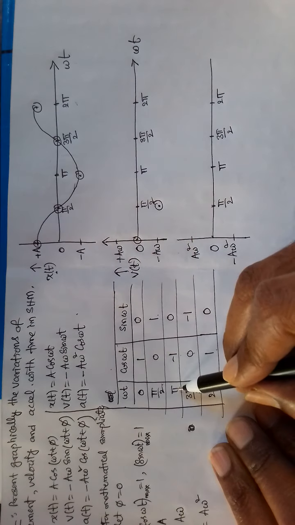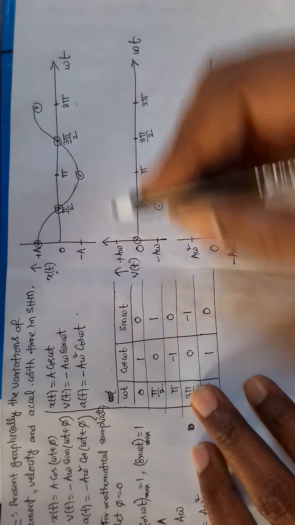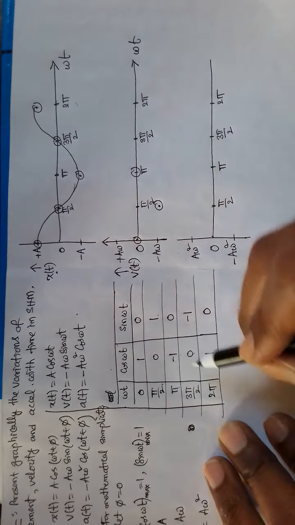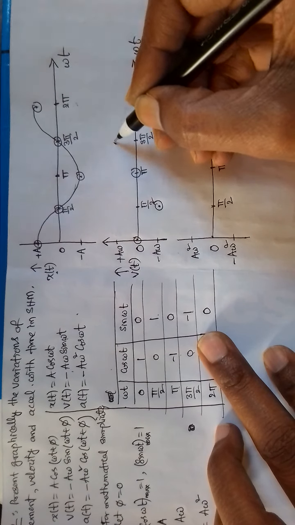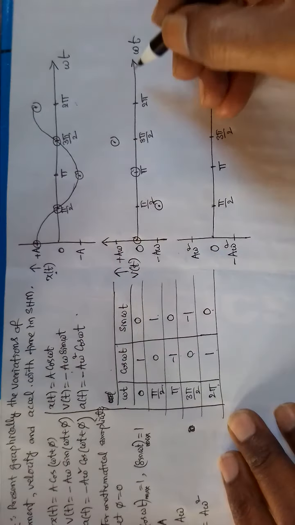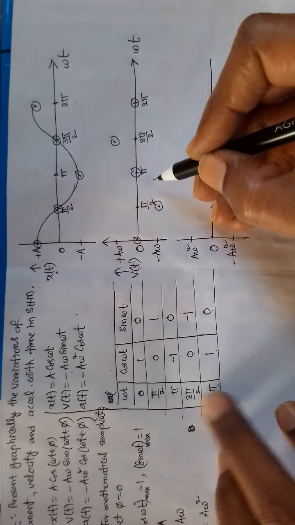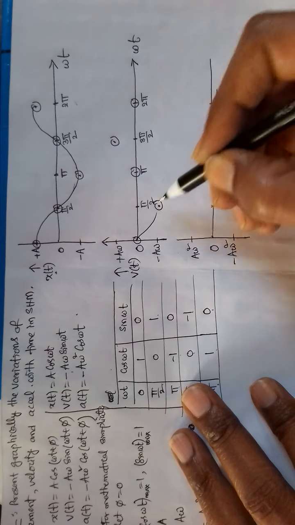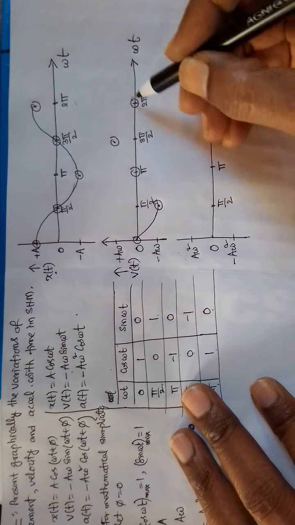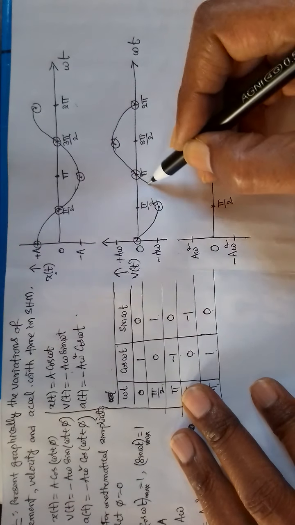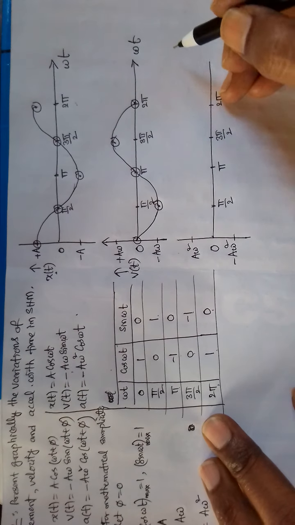Next pi, sin pi is 0, so 0. For 3 pi by 2, sin gives minus 1, minus 1 into minus a omega is plus a omega. For 2 pi, sin gives 0, so 0. Now joining the points with a curve, we get a graph like this.